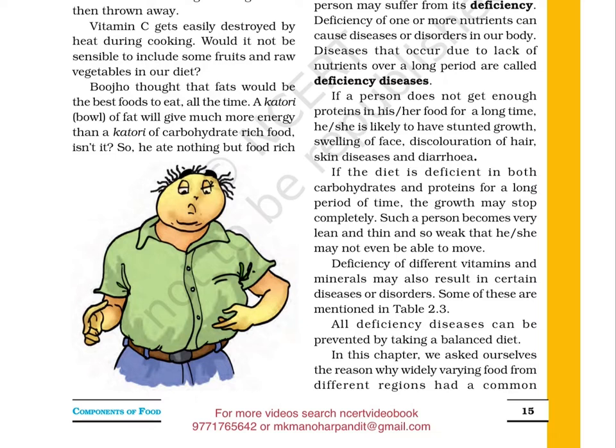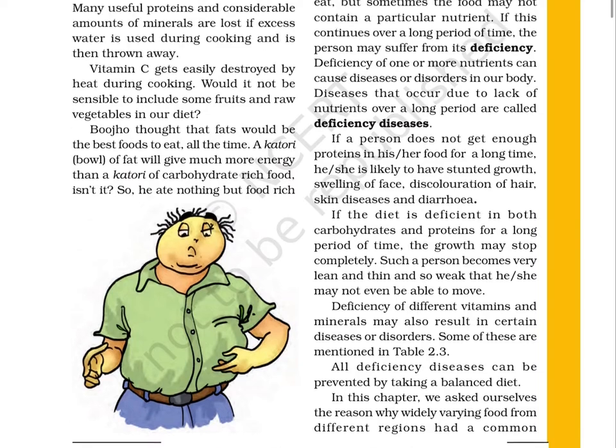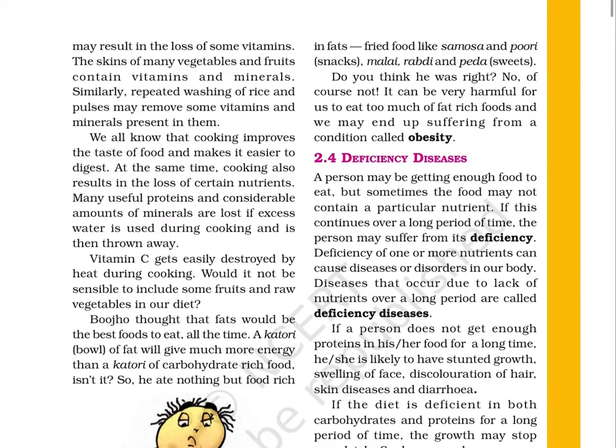Do you think he was right? No, of course not. It can be very harmful for us to eat too much of fat-rich foods, and we may end up suffering from a condition called obesity.